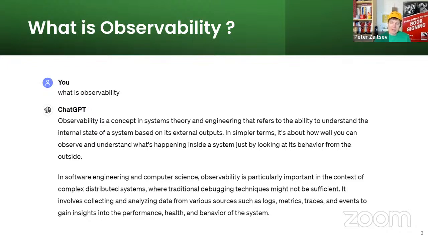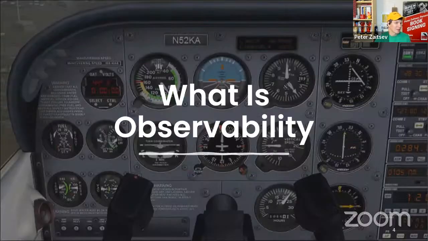Now, when I think about observability, though, what comes to my mind is something like the playing instruments. I'm sure many of you, when you travel, peeked into a plane cockpit to see how many different instruments we have out there, showing us a whole bunch of stuff, right?